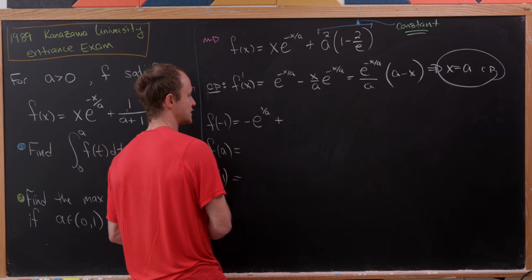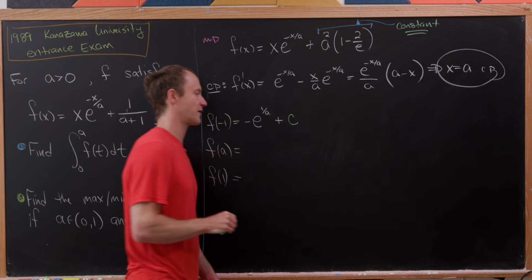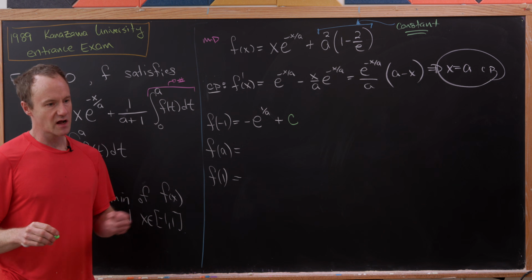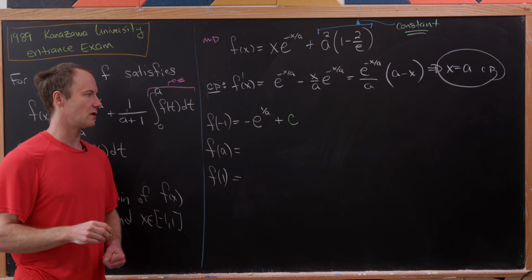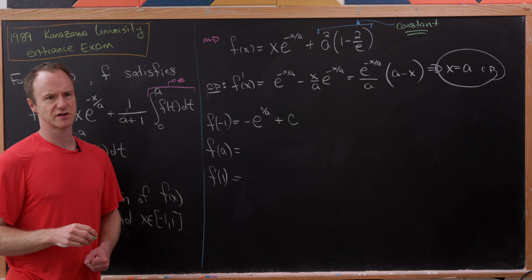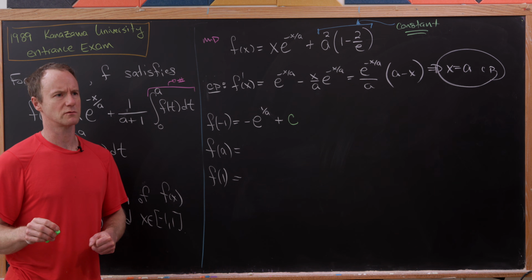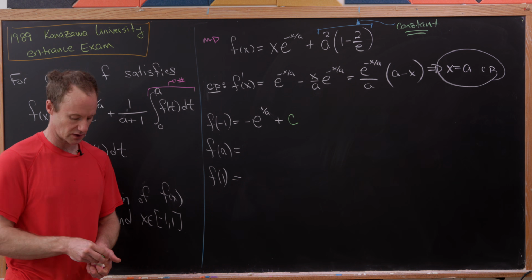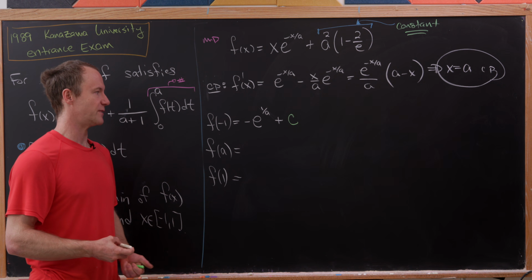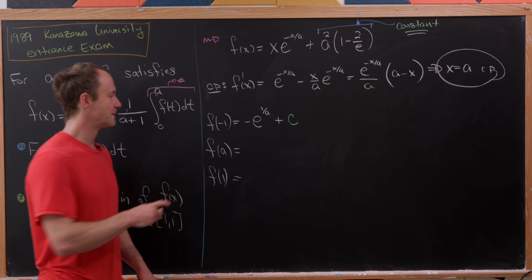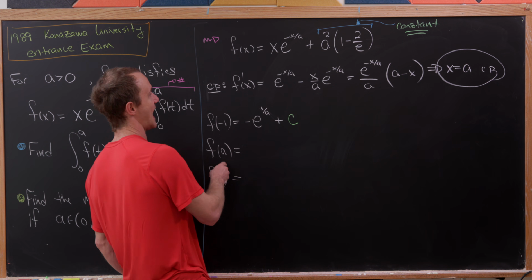And I'll maybe just use the letter c for that constant. Notice that constant will be the same for all of these evaluations. That means it won't really have anything to do with which one is the largest and the smallest. This other bit will.